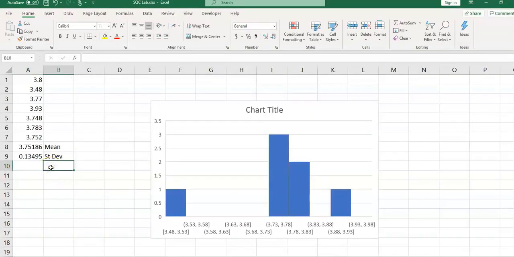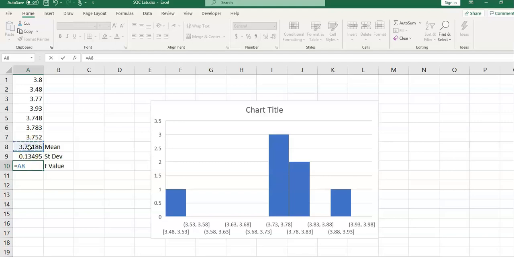Here I would calculate t value, which is equal to my mean. So I would put this inside parentheses.